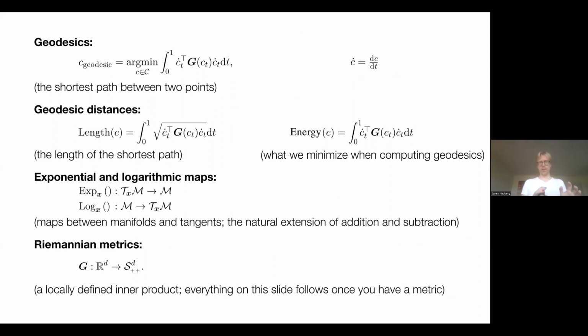Once you have the Riemannian metric, you can derive the exponential maps. You can derive expressions for the length of a curve and thereby arrive at a notion of a shortest path and so forth. So from a practical perspective, once you have a metric, you have everything.